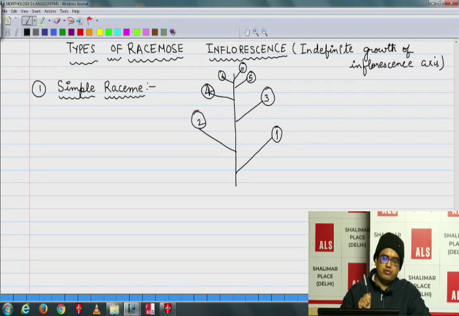First of all, which flower is going to open? Number 1. Then number 2, 3, 4, 5, 6, 7. It is alternating, and each flower is younger than the previous one. Number 2 flower is younger than number 1 flower.